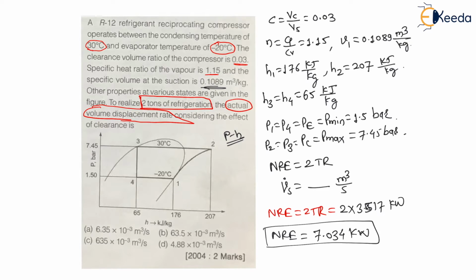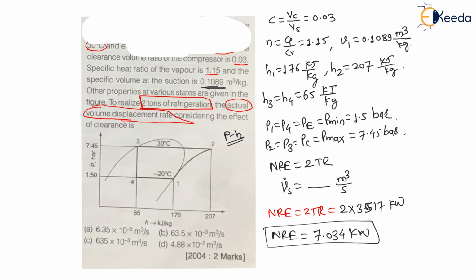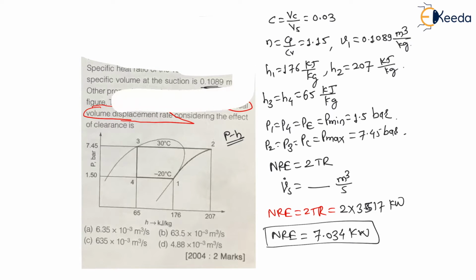My dear students, net refrigerating effect is for the evaporator. That is, evaporator load is nothing but net refrigerating effect, and the evaporator is from 4 to 1 here. Therefore, as it is in kilowatt, it is nothing but mass flow rate into enthalpy difference of the evaporator.